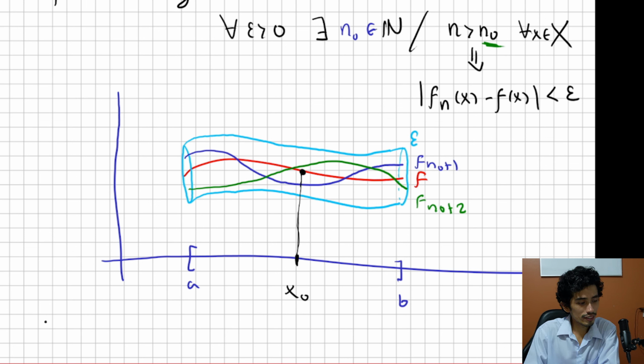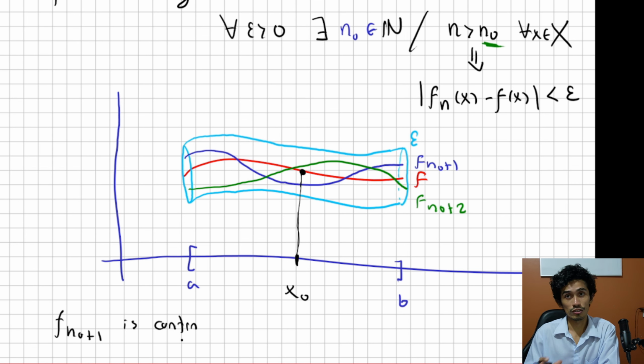Well, we pick one of the functions, let's say f_n, like this particular one, and this is continuous. So we are under the assumption that all of the functions are continuous at this point x0.